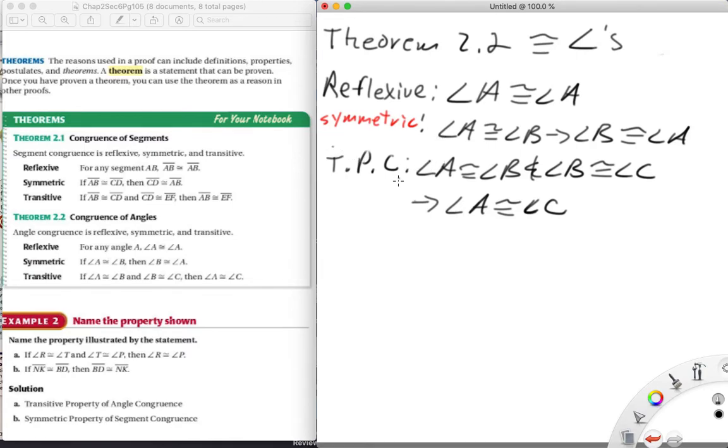But one is for angles, one is for segments, and these are all congruency, not equality. And these are theorems, so these things can all actually be proven.